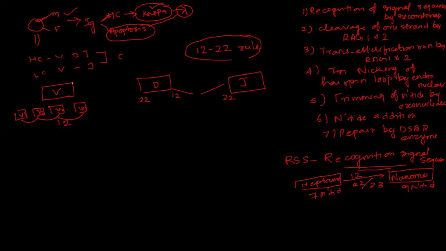That means, okay, let me tell you, this variable region, this RSS comes and binds to its one side, as the D has to join both with V and J, it will have two RSS, okay, and the J will have RSS to this side. So if this has 12 base pair, this side of the diversity region, D region should have 22 base, and if this has 22, obviously this will be 12, and here it will be 22. Only then they can actually combine.